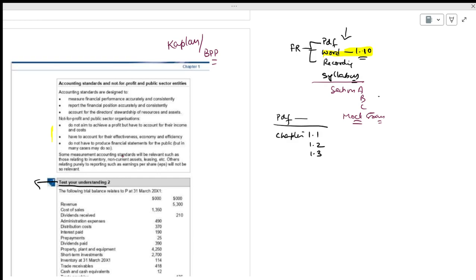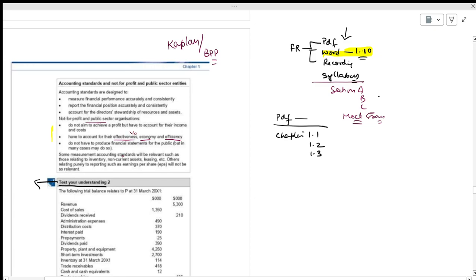In profit oriented, accounting standards are designed to measure financial performance, profit or loss, and report financial position. We are very much concerned about profit and wealth. In non-profit organizations, their purpose is very simple: doing the service. They want to be effective, efficient and economical. We call it effectiveness, economy and efficiency.